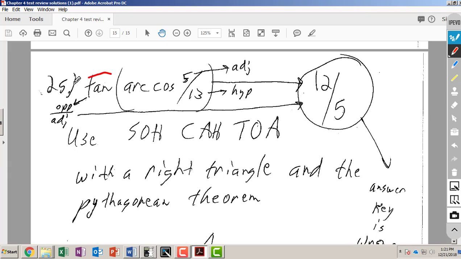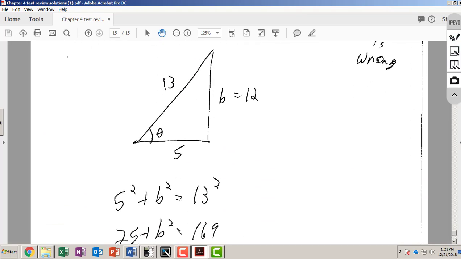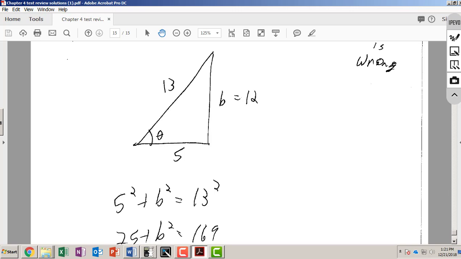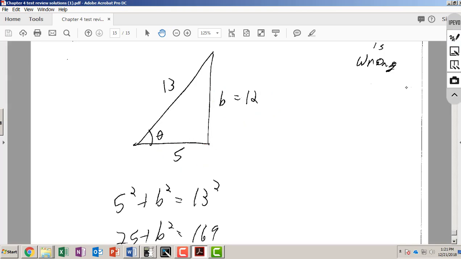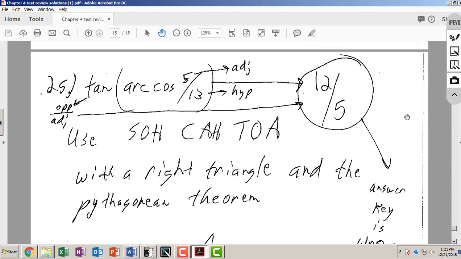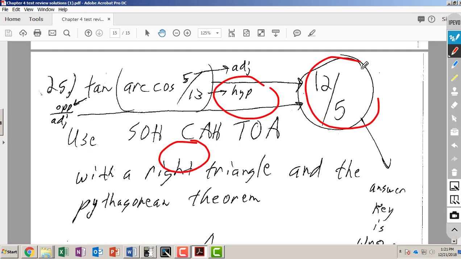So the tangent is opposite over adjacent. So I just remember that my opposite side is 12. And my adjacent side is 5. So labeling that, my answer is 12/5 for the tangent of the arc cosine of that.